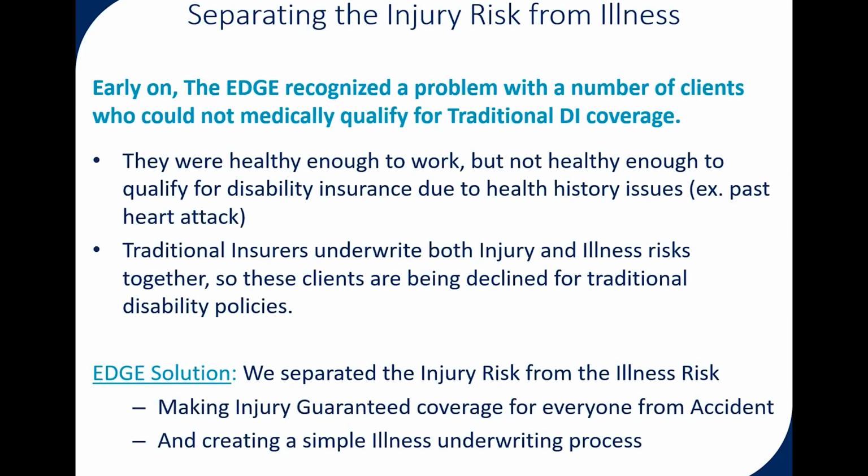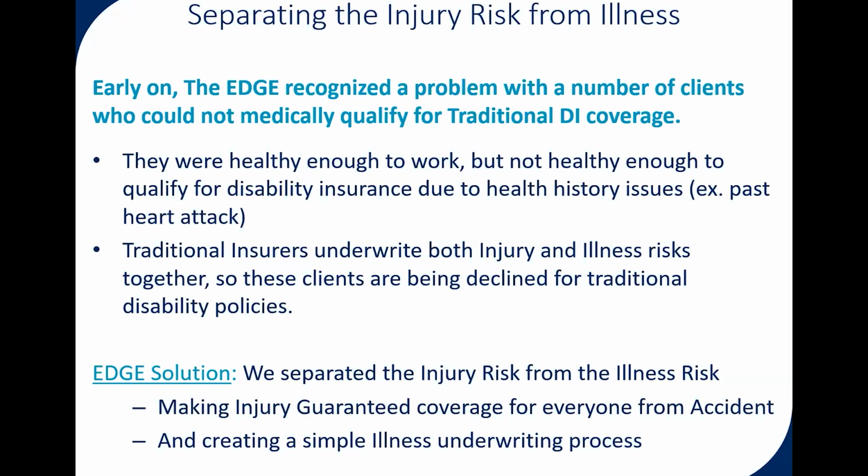We are different from a traditionally fully underwritten disability program in that we separate, or unbundle, the injury from the illness risk. Very early on, many years ago, we recognized that there are a lot of clients out there that could not medically qualify for traditional DI coverage.